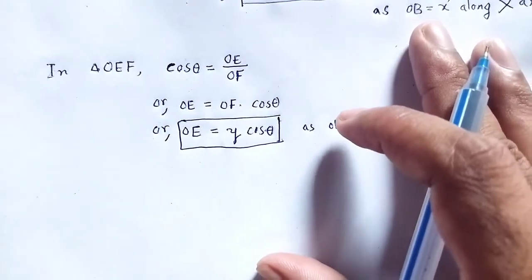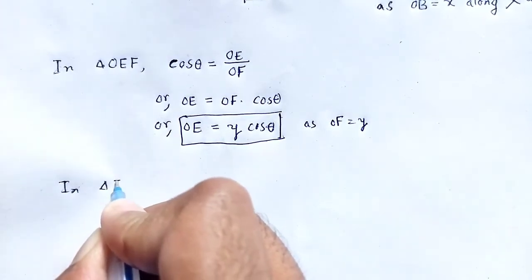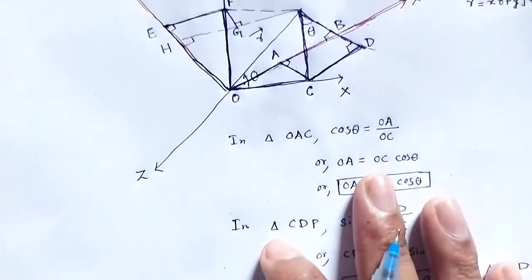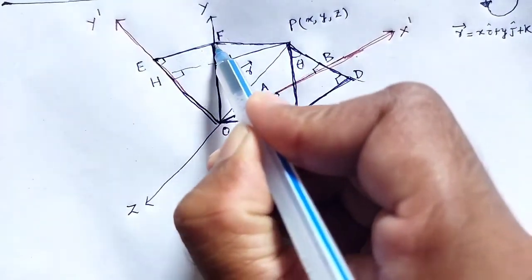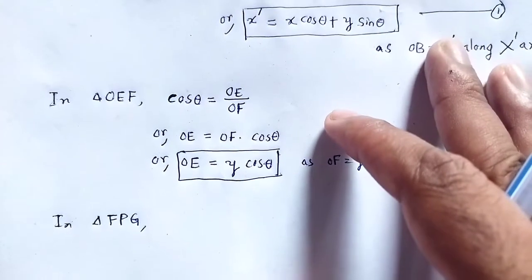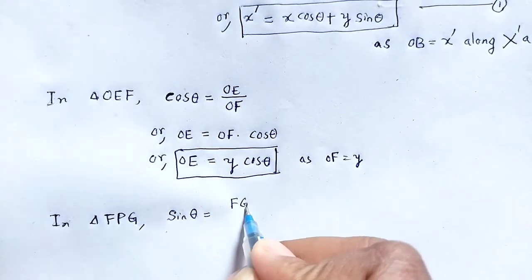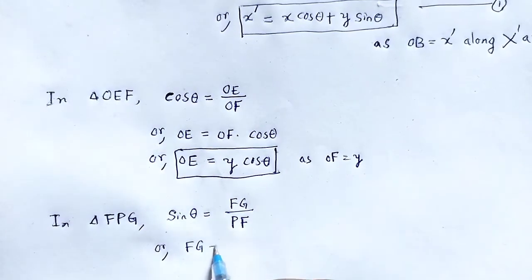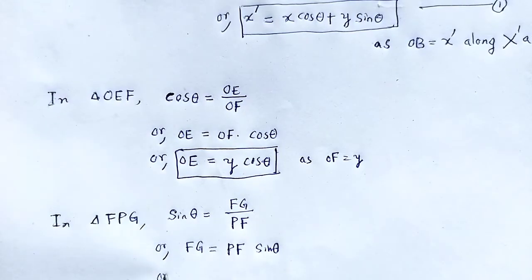Again, in triangle FPG, the small triangle FPG, sin theta is equal to FG divided by PF, or FG is equal to PF sin theta.